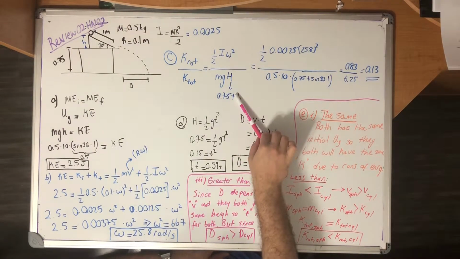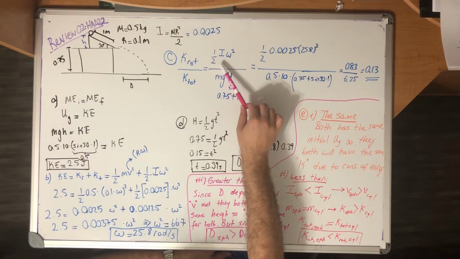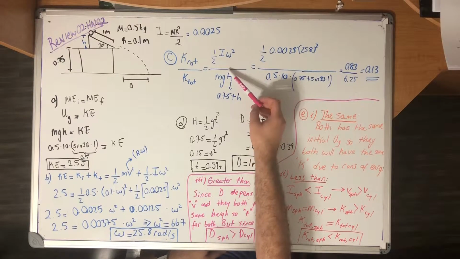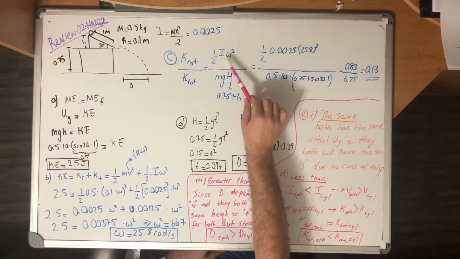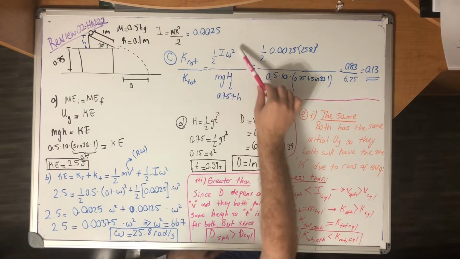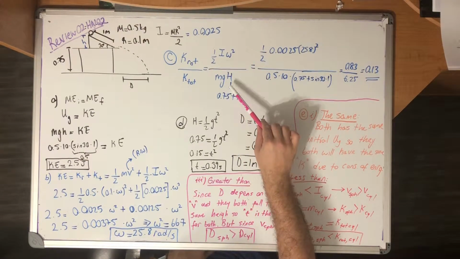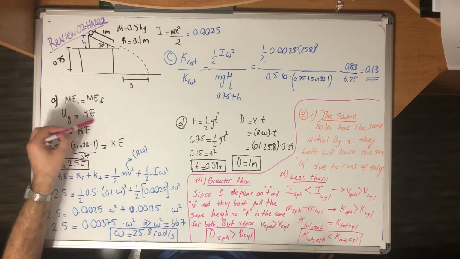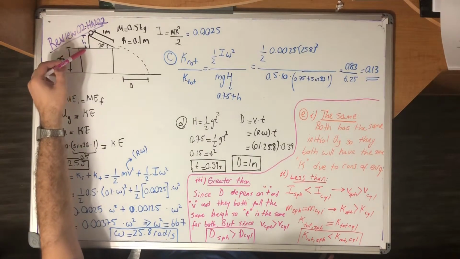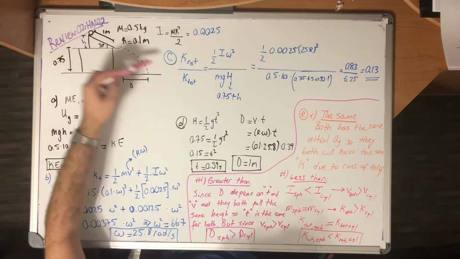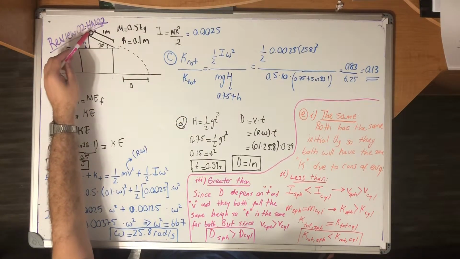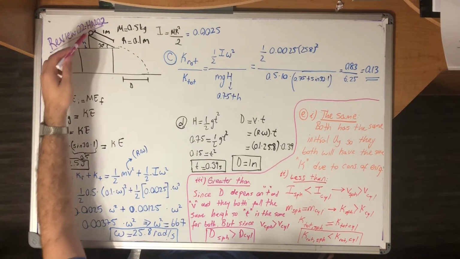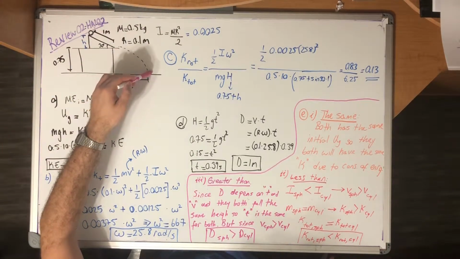So what's going to happen is it's still going to be 1/2 I omega squared, and this is the rotational kinetic energy, but for the total kinetic energy, same idea over here, but instead of going from this height, we will just convert that kinetic energy, because the only energy that you have on the top is gravitational potential energy, and all of that will be converted to kinetic at the bottom.